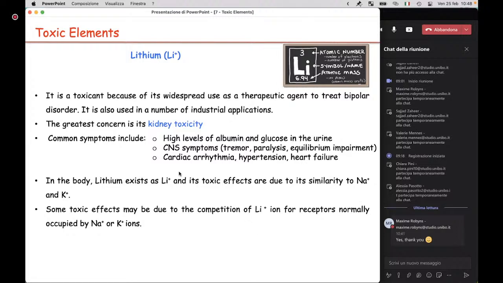And also sodium is involved not only in neural transmission, but also in muscle contraction. So again, excess of lithium can cause modification in muscle contraction. And of course, the most dangerous form is changes in heart contraction, so arrhythmias, and also hypertension and heart failure can happen.